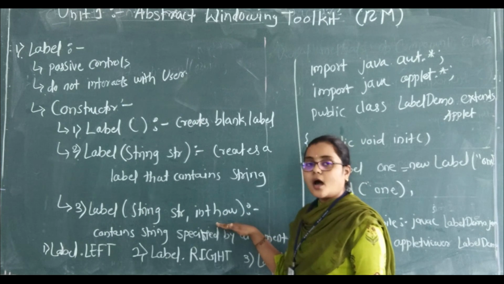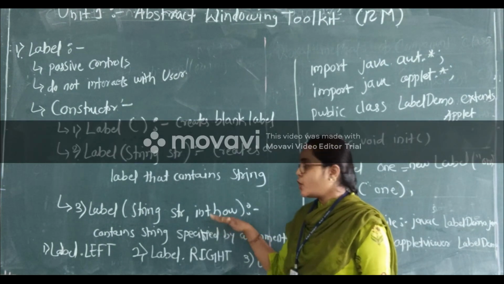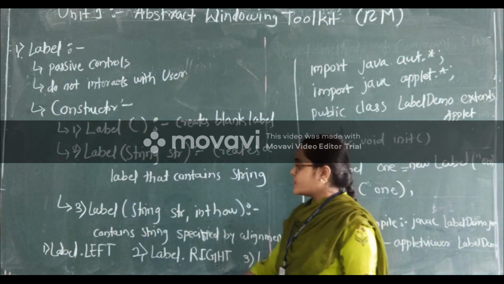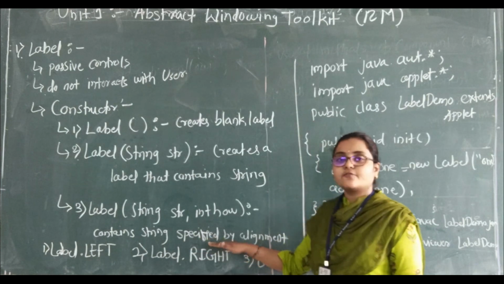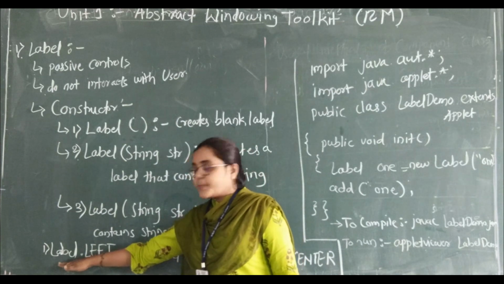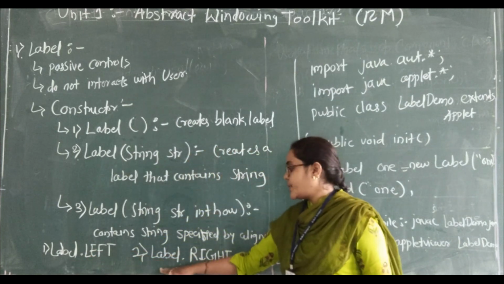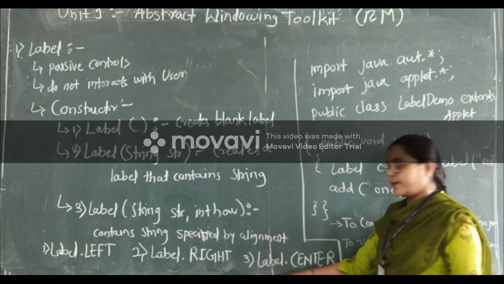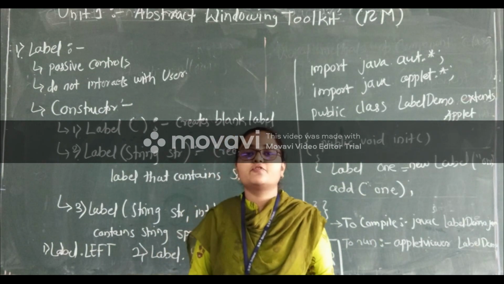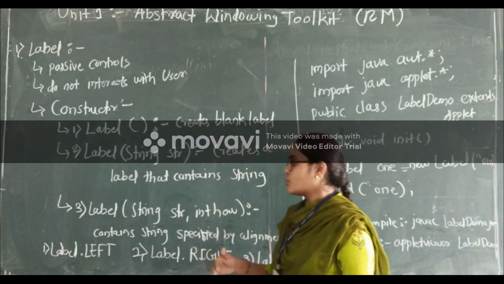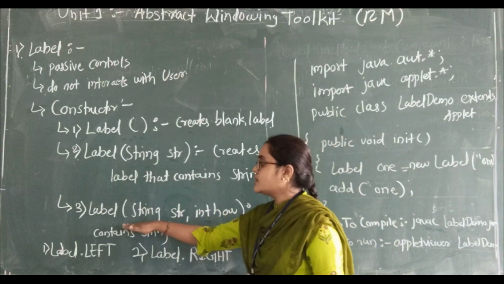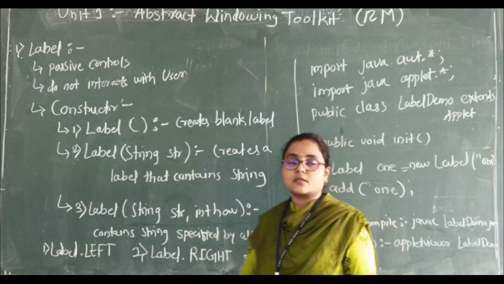Here the integer how defines the alignment for your label of the defined string. So it creates a string specified by alignment. Those alignments are defined as Label.LEFT, Label.RIGHT and Label.CENTER. So these are the three alignments defined by label. If you are going to define the label with alignment, you must use the third type of constructor.